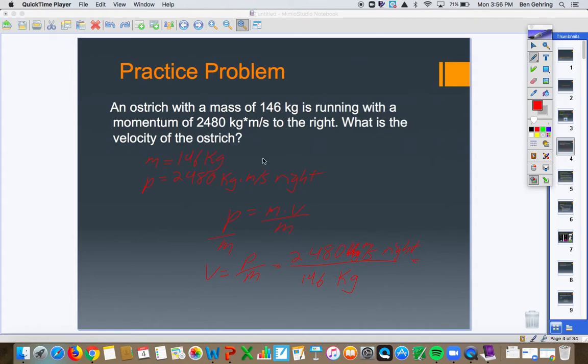I'm going to get a velocity of 3 sig figs. It's going to round up to 17.0 meters per second to the right. That's momentum.